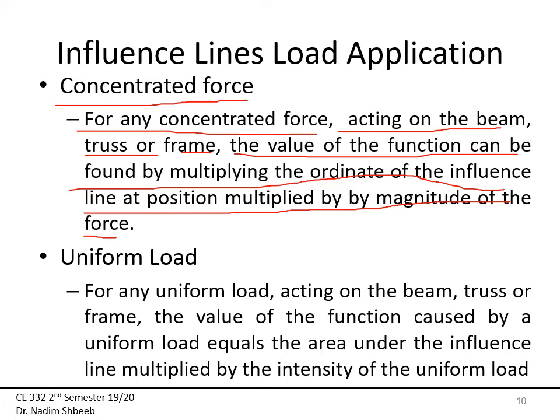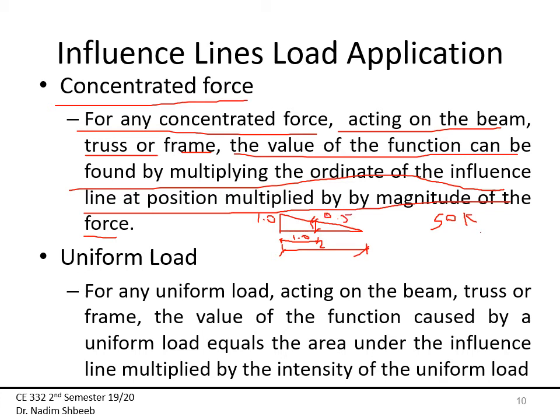So like I said, on the influence line diagram, let's assume I have the influence line for the reaction at A, and let's say I have a force of 50 kilonewton. Let's say this is 2 meters. Again, this is 1, right? And this is after 1 meter. So this ordinate obviously is going to be 1/2.